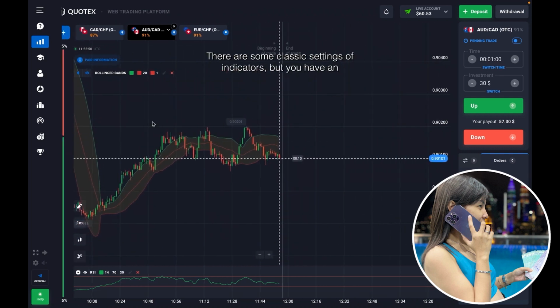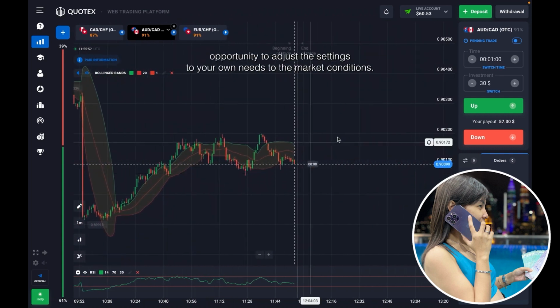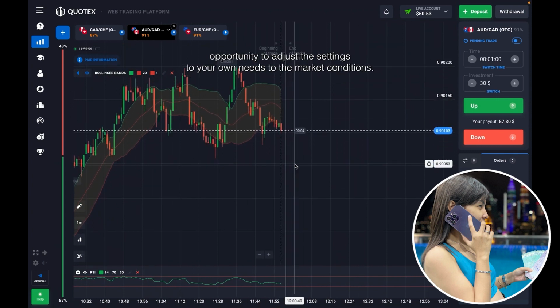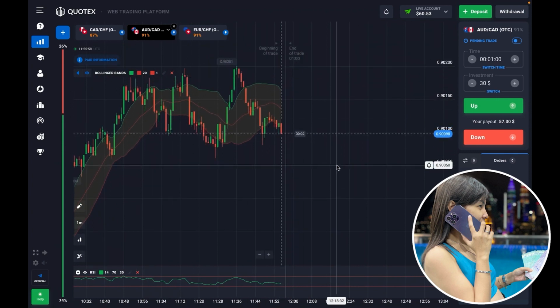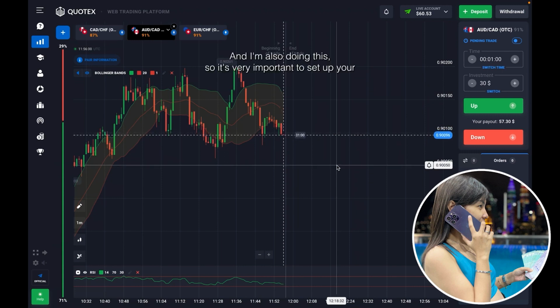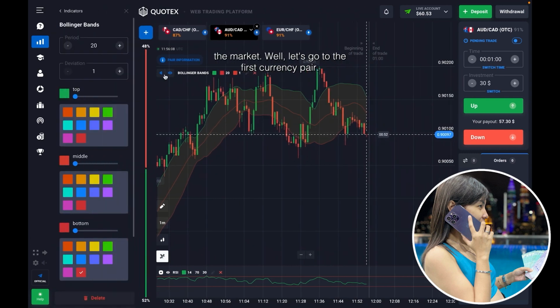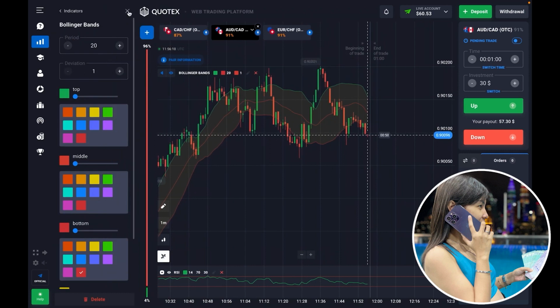There are some classic settings of indicators, but you have an opportunity to adjust the settings to your own needs, to the market conditions. And also, it's very important to set up your indicators correctly, and then they can reflect the current situation on the market. So let's go to the first currency pair.